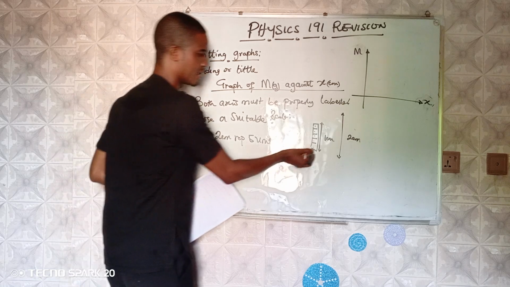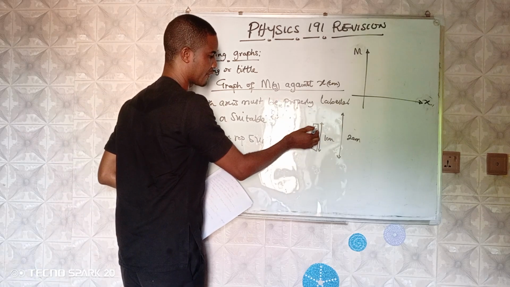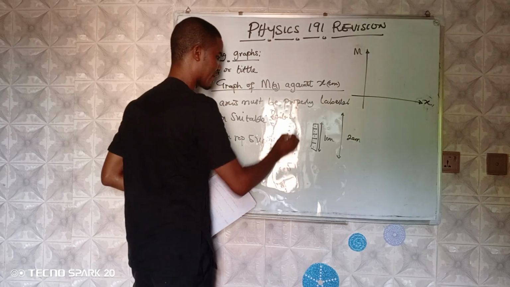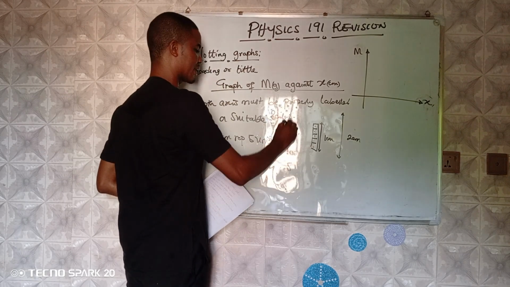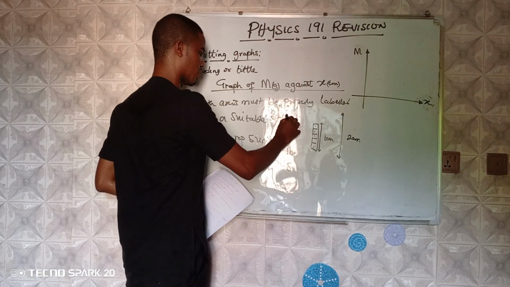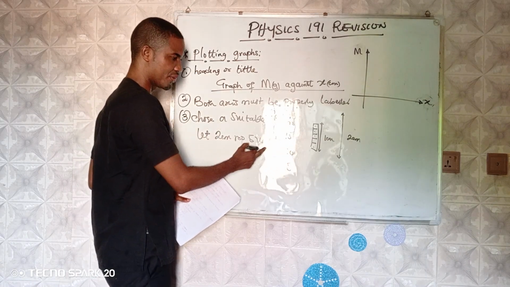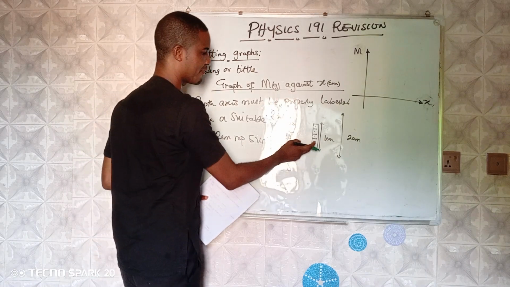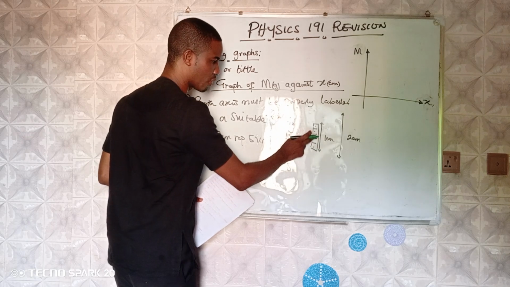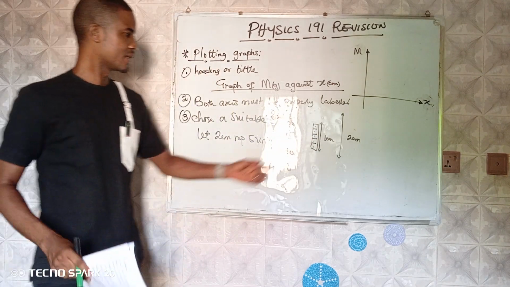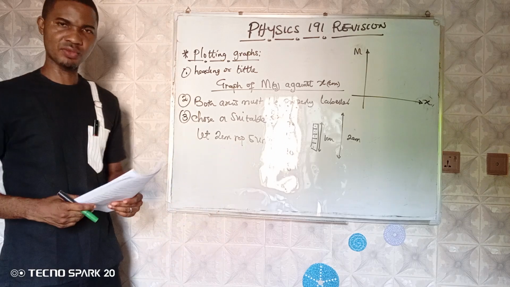It means for every 10 boxes, 1, 2, 3, 4, 5, 6, 7, 8, 9, 10, I will write 5. Another 10, I will write 10. Another 10, I will write 15, 20, like that. So if I say let 2 centimeter represent 5 units, that means for every 2 centimeter, meaning 10 of these boxes, 5 of it is 1 centimeter. So 10 of it will be 2 centimeter.